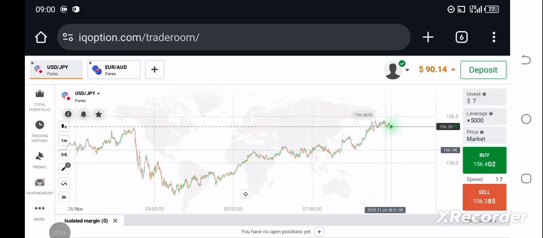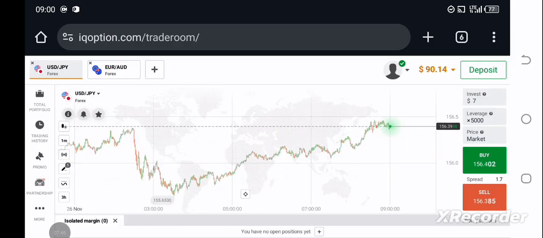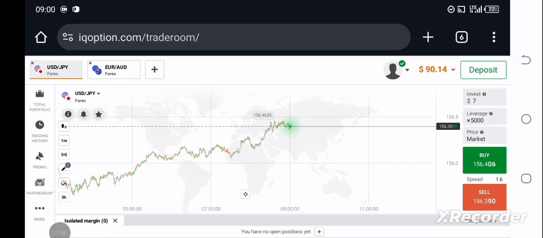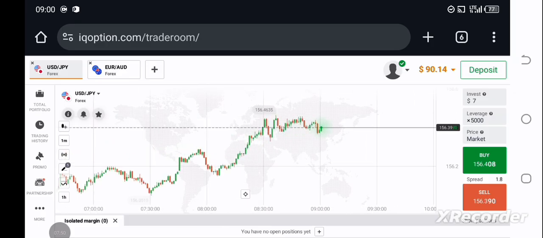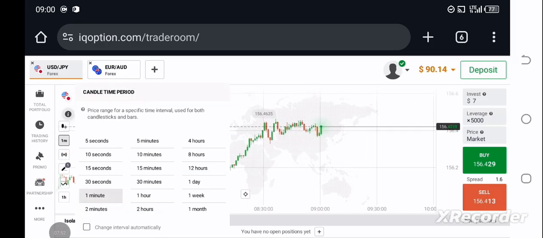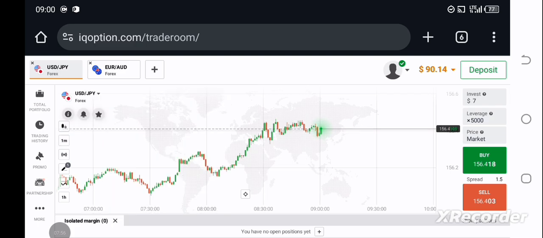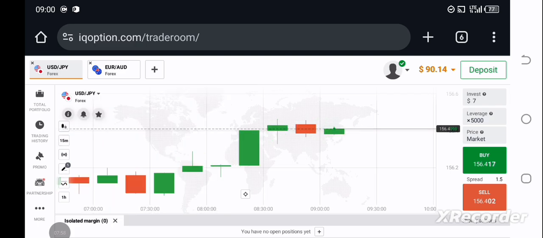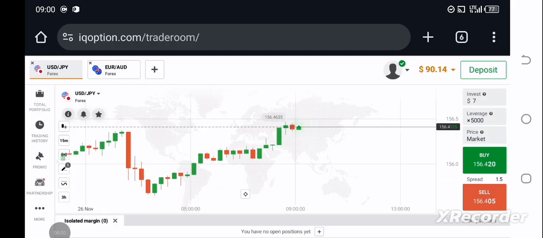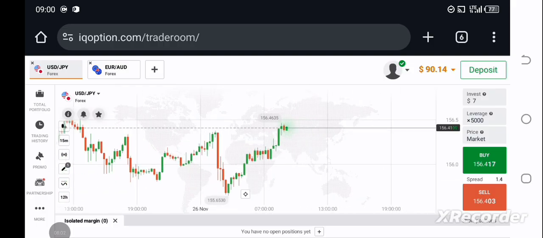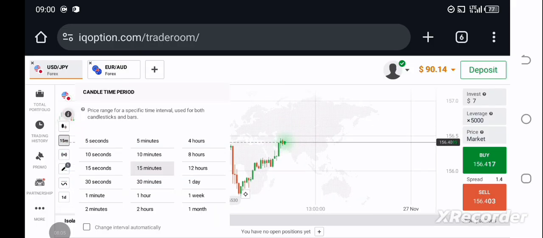But at this time the direction has changed to an uptrend. So you just change it to at least 15 minutes. You don't open your trade on 1 minute.